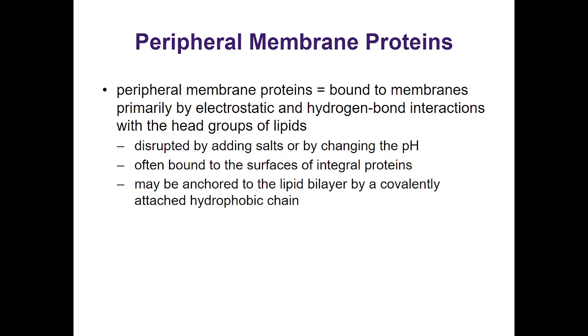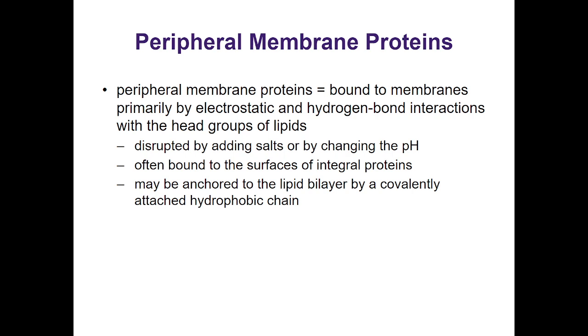So peripheral membrane proteins can be bound to membranes primarily by electrostatic and hydrogen bond interactions with the head groups of your lipids. These are going to be disrupted by adding salts or by changing pH, because that would change those hydrogen bonding interactions. They're often bound to the surfaces of integral proteins.